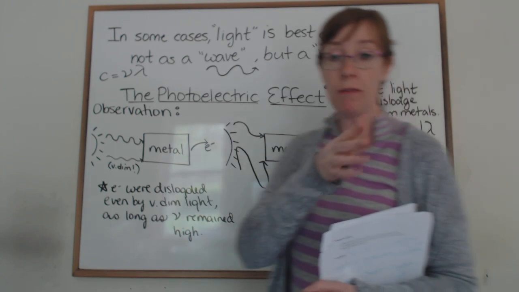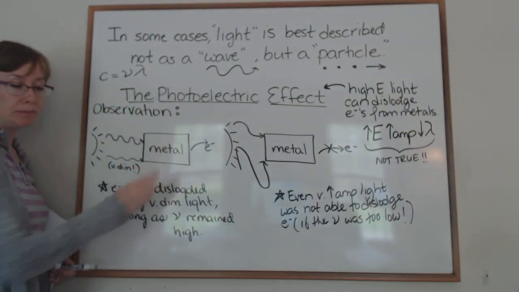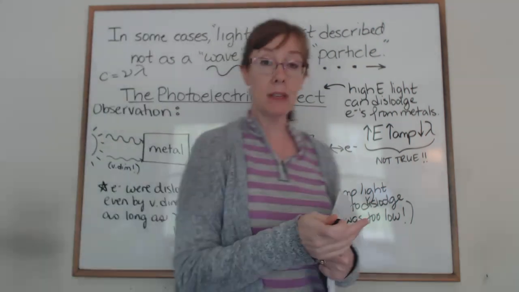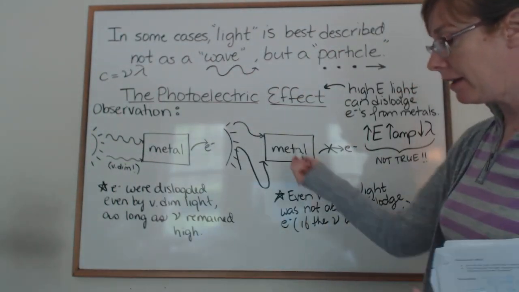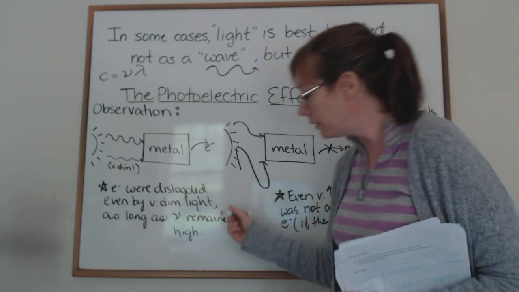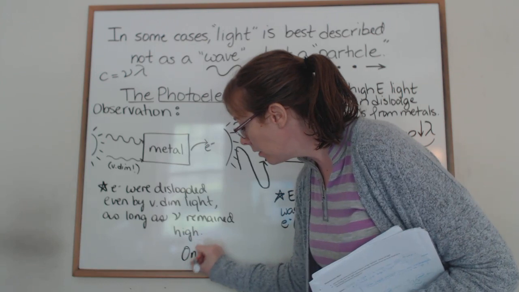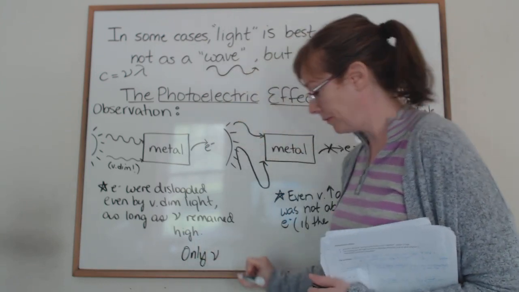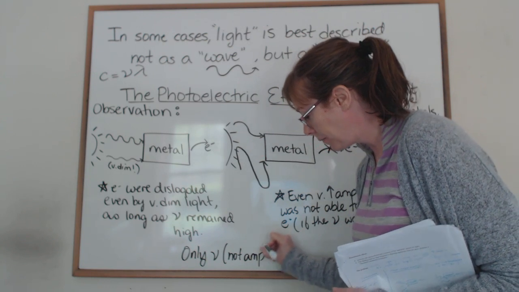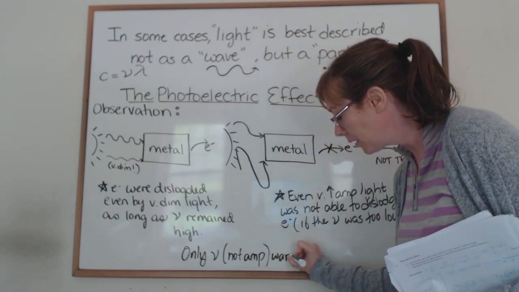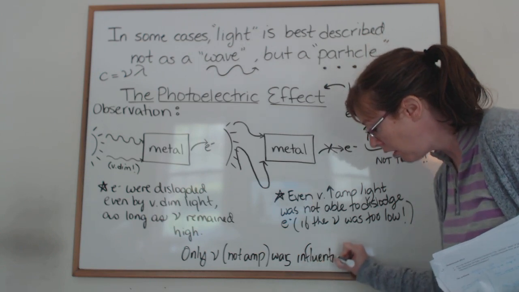Only wavelength and frequency, because those are related, mattered in terms of being able to dislodge that electron. So the major point of the photoelectric effect is that only frequency, but not amplitude, was influential on energy.